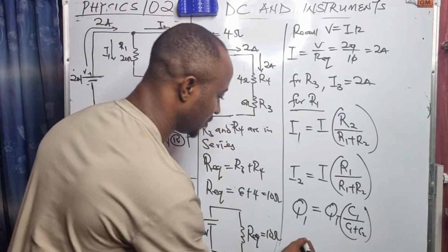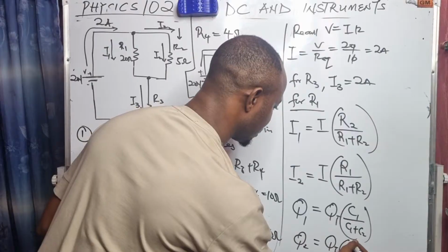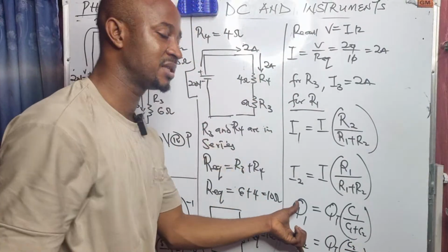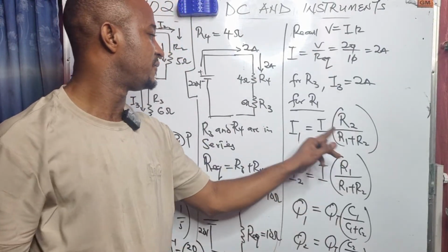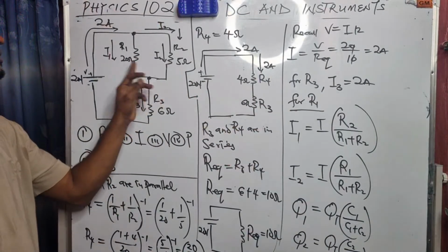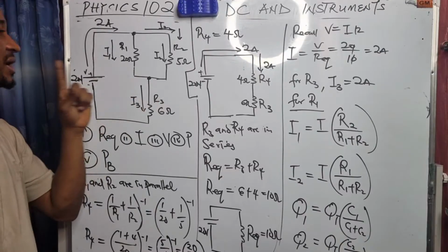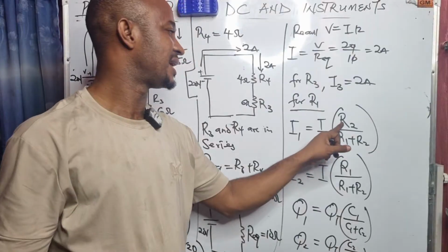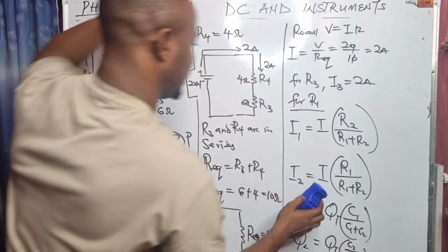To find Q2, the formula will be total charge times C2 over C1 plus C2. This is for capacitors. But when it comes to resistors, the reverse is the case. For resistors in parallel, to find the current that flows through R1, the formula says I1 equals current times R2 over R1 plus R2.